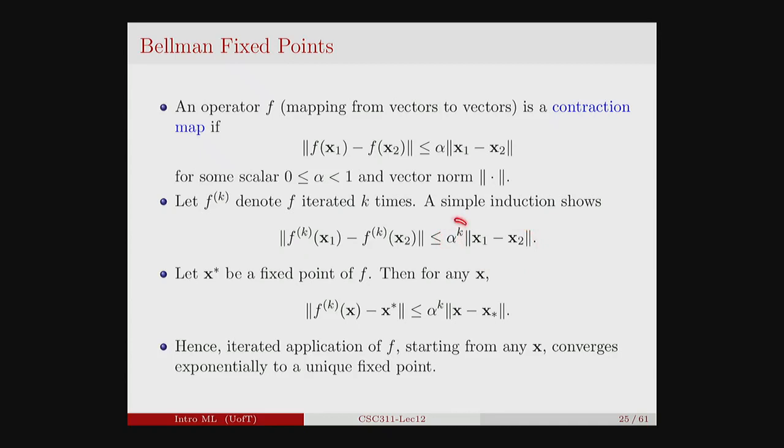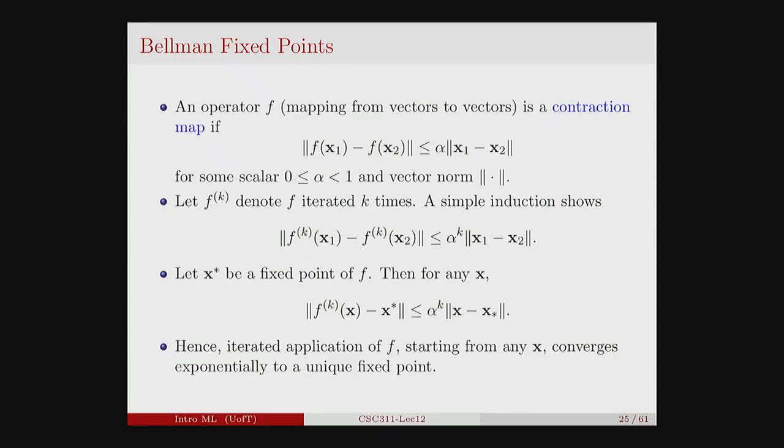And now alpha to the k for alpha less than 1 is going to exponentially decay down to 0. So you're going to get a contraction that is going to rapidly shrink the distance between the repeated evaluation of the functions at any two points in your space.